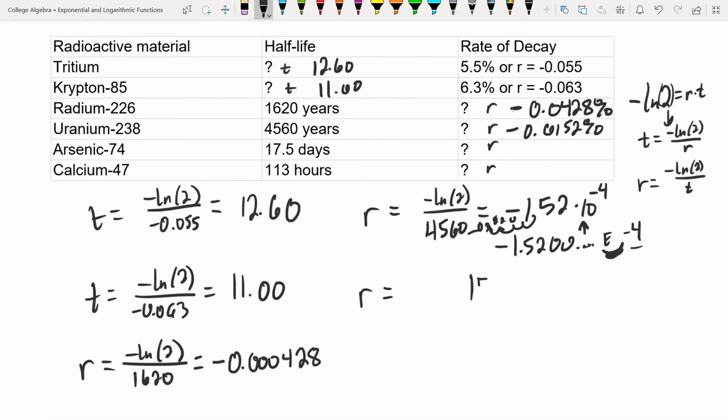I'll do it off to the side here. 17.5 days divided by 365, since there's 365 days in a year, will give me how many years 17.5 days is. That gives me 0.0479 for the years.